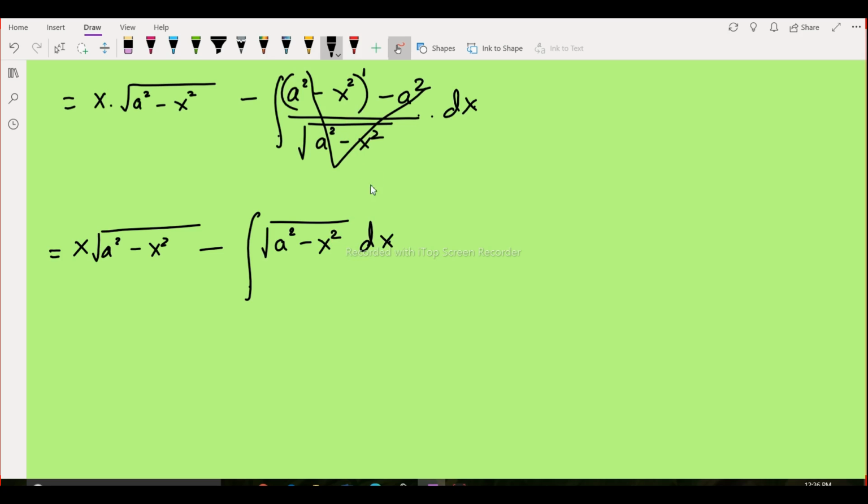I'll just separate the entire thing, and this minus becomes plus. So you'll have plus a square upon root of a square minus x square dx, right?